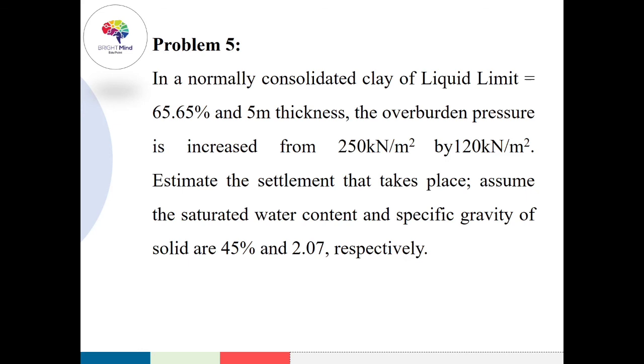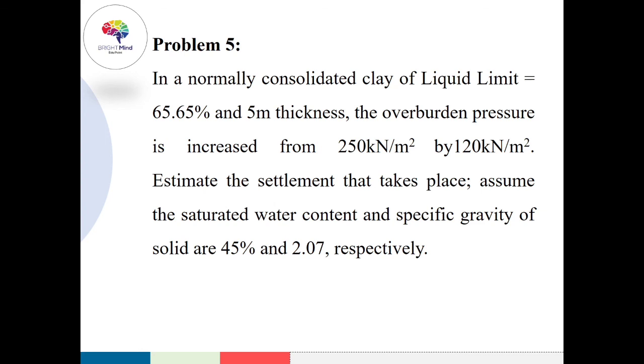In a normally consolidated clay of liquid limit 65.65% and 5 meter thickness, the overburden pressure is increased from 250 kN per meter square by 120 kN per meter square. So with the help of this data, we have to estimate the settlement that will take place.